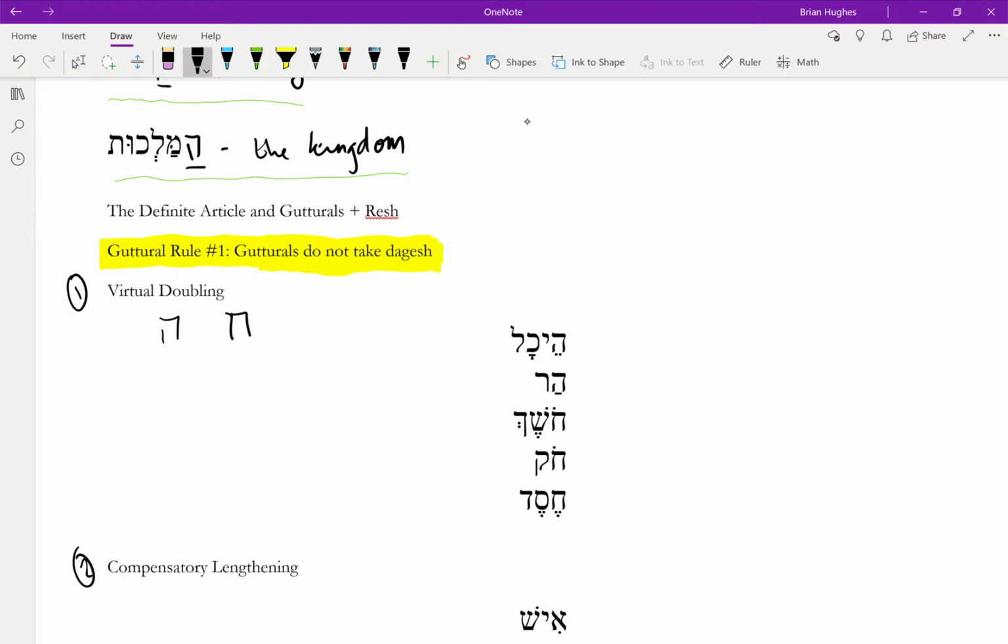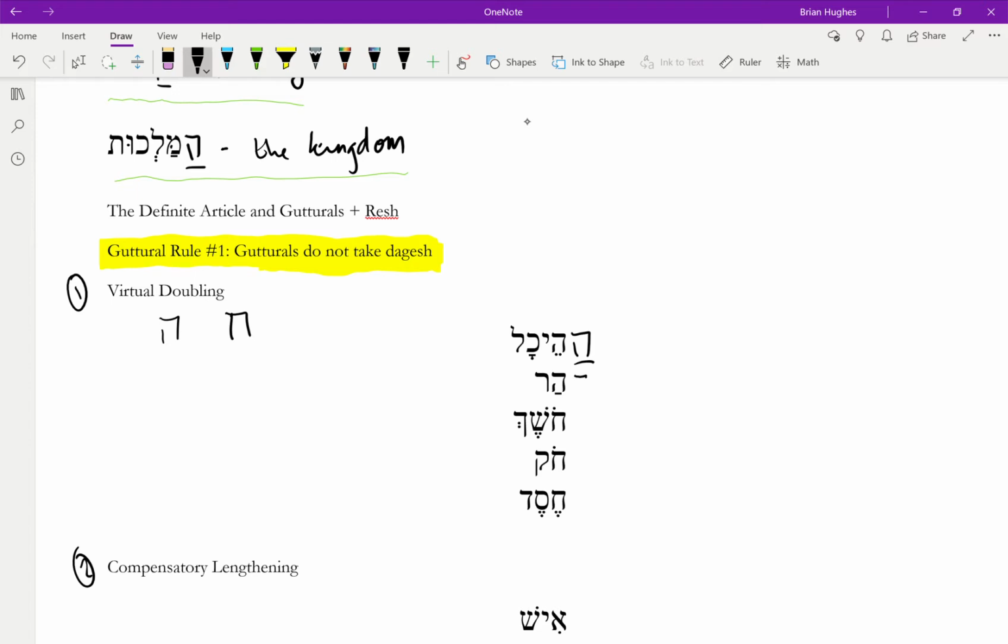This noun begins with he, and so to make it definite, we add the he and the patach. We try to add the dagesh, but then the he says, hey, I'm a guttural, I can't take a dagesh. And so the definite article says, okay, we'll just pretend that I've been doubled. So this is called virtual doubling.